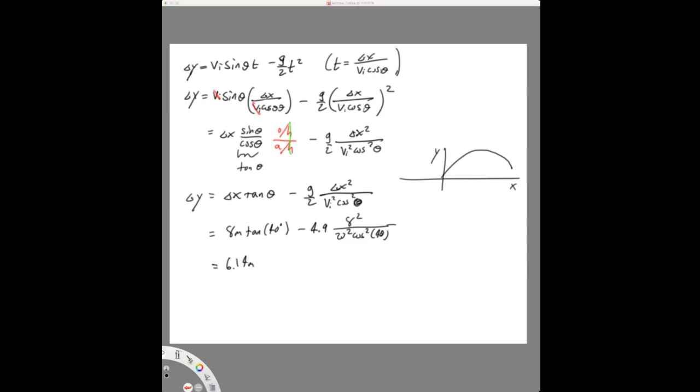I got 6.14 meters. If anyone else gets that, let me know.